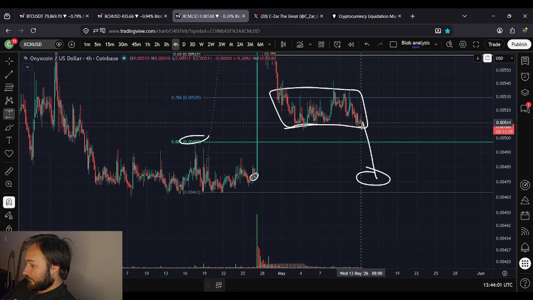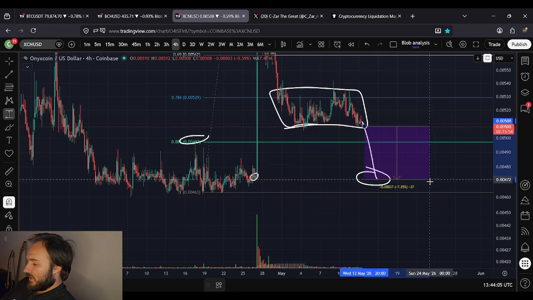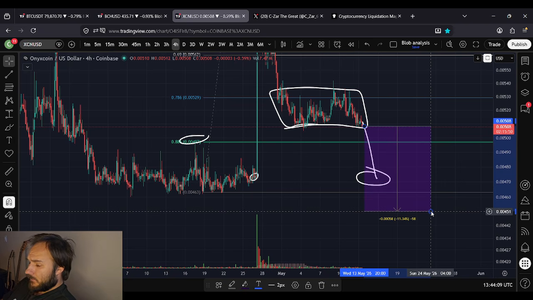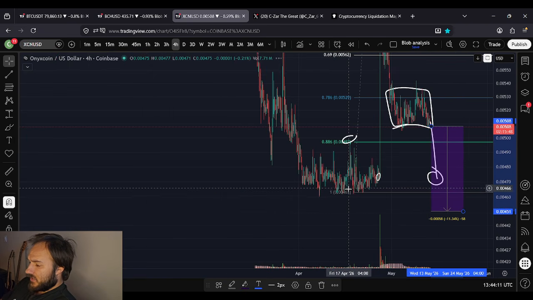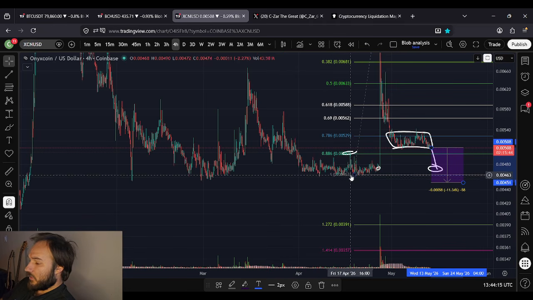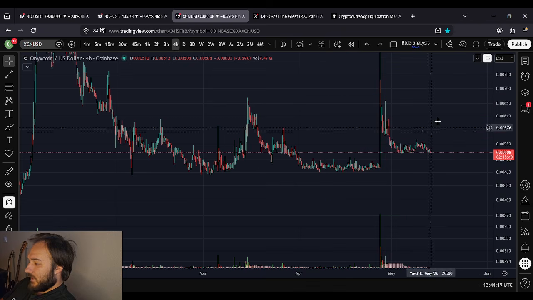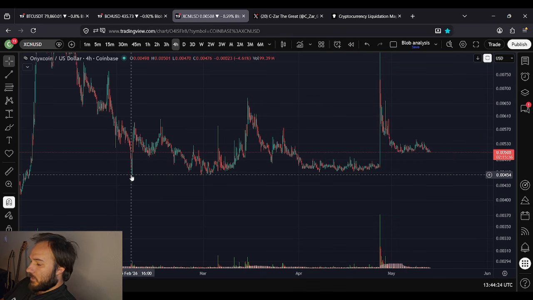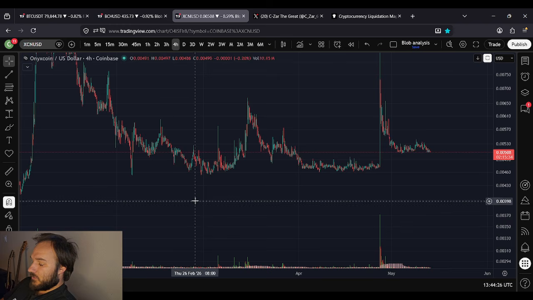But from here, it's safe to say that we'll see anything from a 2 to a 7% drop, if not more. And if we start to see lower prices than these levels here, that could be problematic for the price in the long term. We are again in this overall accumulative phase, but if we were to go below these levels, that could send us to prices that are below 0.004.